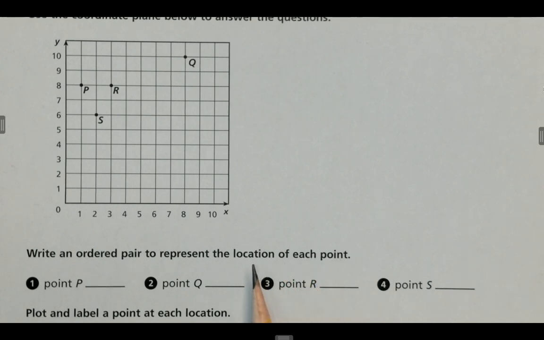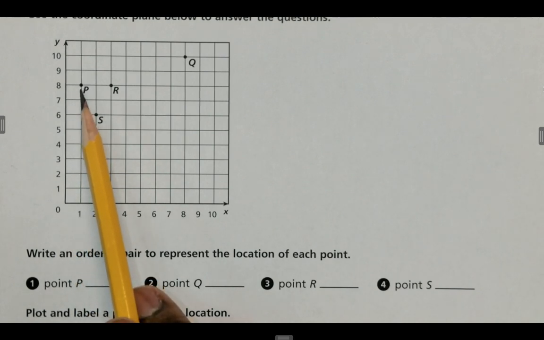Whenever we're talking about using an ordered pair to show or represent the location of a point, it's always from the perspective of the origin. The origin is your starting point, your 0, 0 point. From here, to get to point P, we would say we go 1 across and 8 up.